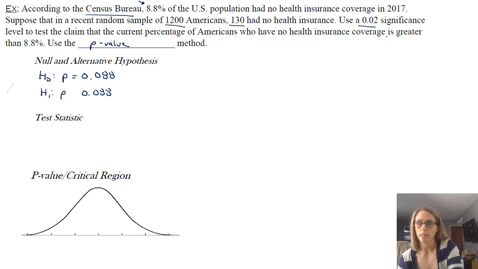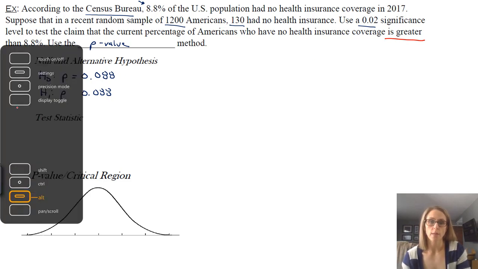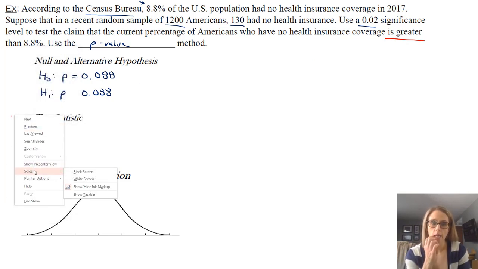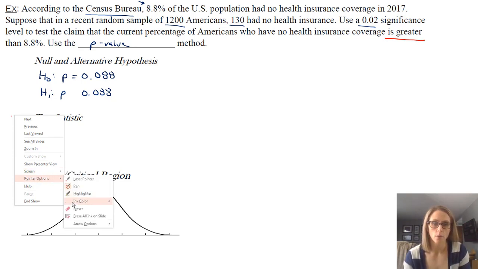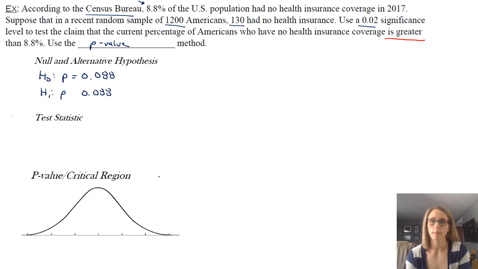Notice that it uses the words is greater than 8.8%. So that's telling us, okay, here we go: is it greater than 8.8% now? Is the true proportion greater than 0.088? That's what we're trying to test.